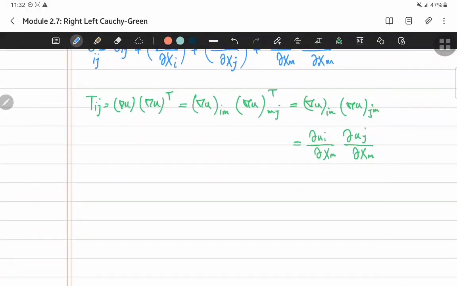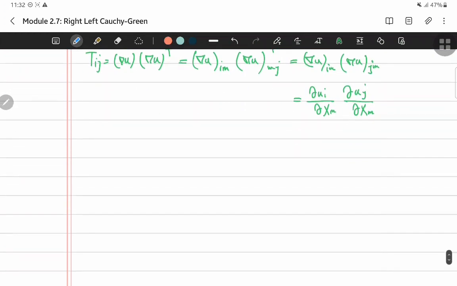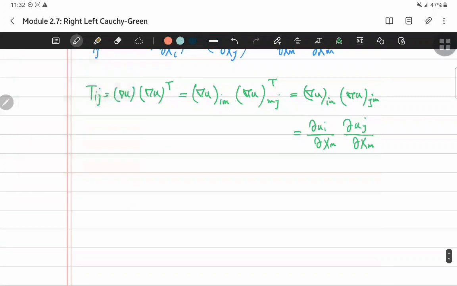And also remember, for infinitesimal strain, or deformation here, we have 2E plus I is equal to B, maybe write it like this.